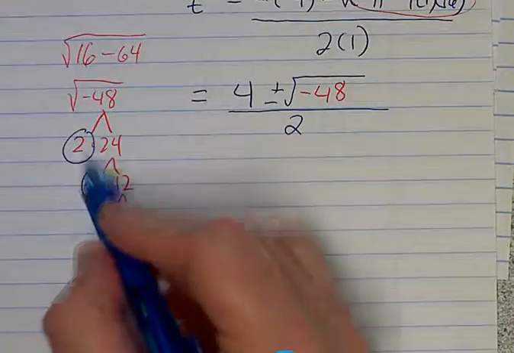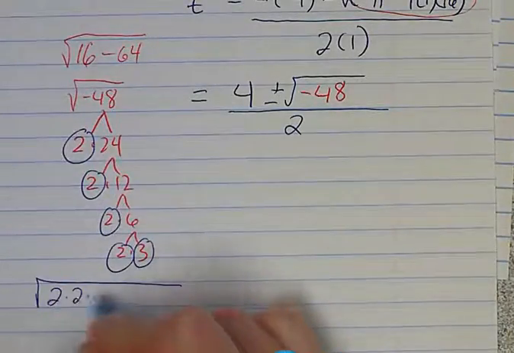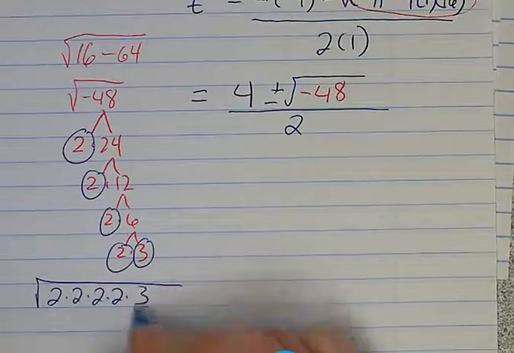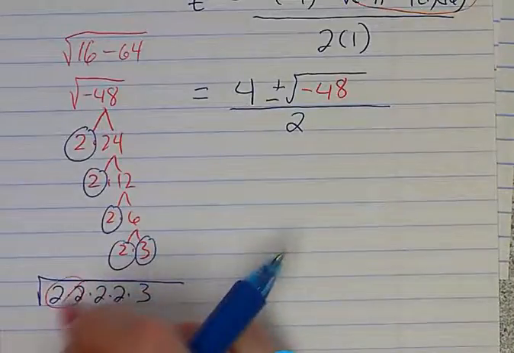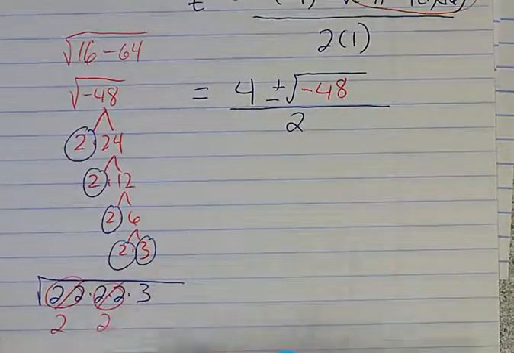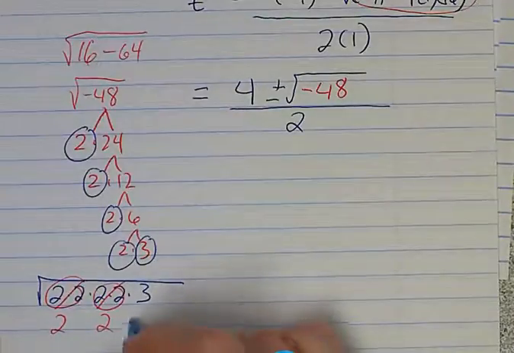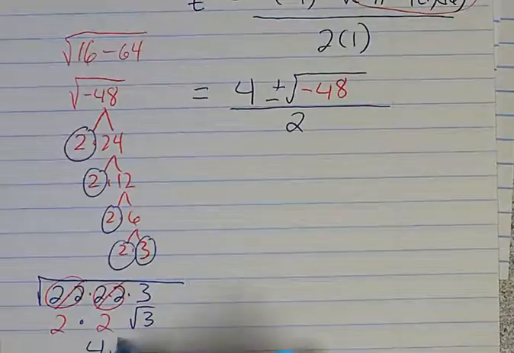Okay, so we got 1, 2, 3, 4 2s. And we got the 3. So we're still looking for the pairs. There's a pair of 2s, so that 2 is out. Another pair of 2s, so that 2 is out. And that 3 stays on the inside. So that becomes a 4 square root of 3.